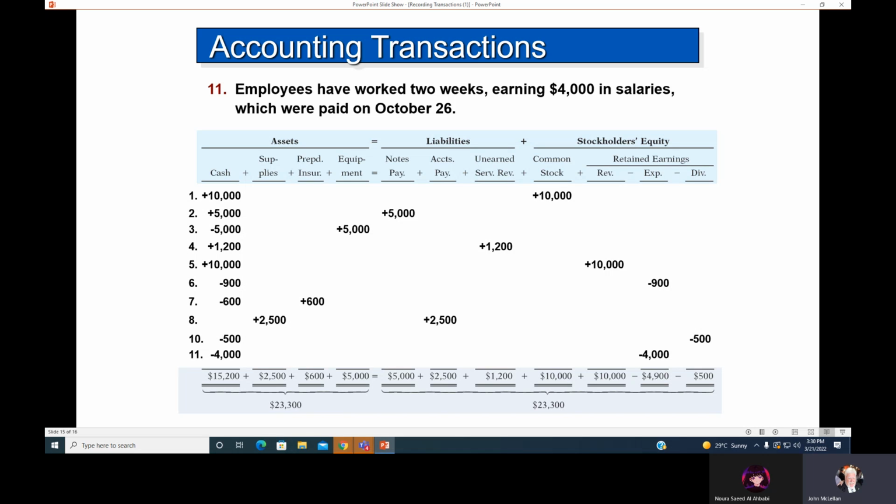So when I add them up, the liabilities plus everything in shareholders' equity equals $23,300. Okay, so you see, I have my balance sheet. I'm in balance. Any questions? All right.